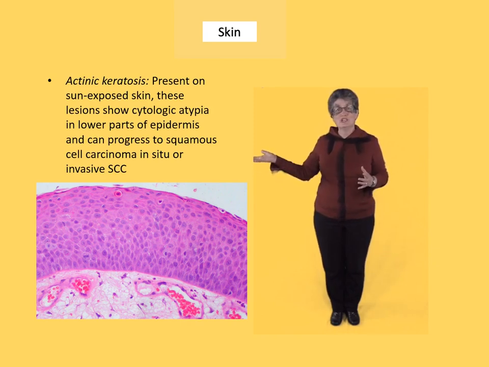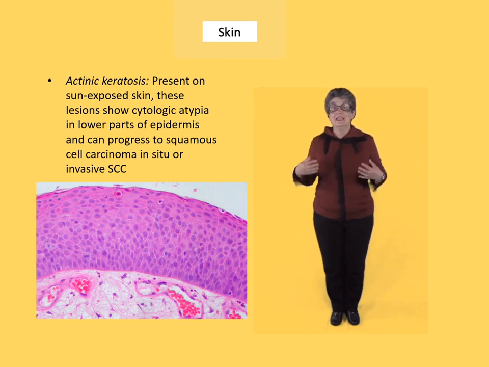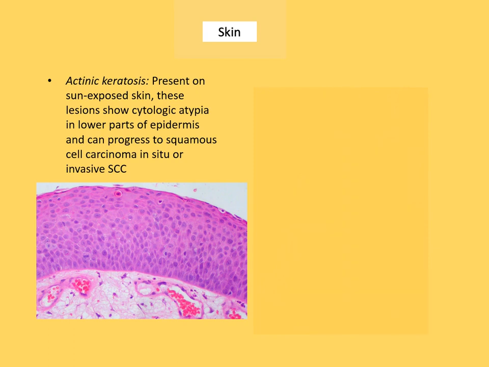Sometimes this proliferation fills up the whole of the epidermis, and then it's squamous cell carcinoma in situ. If the basement membrane is broken by cells that have accumulated further mutations, then it becomes invasive squamous cell carcinoma.